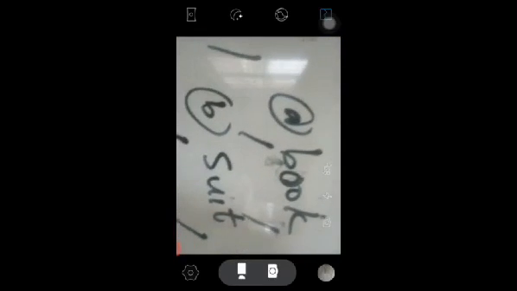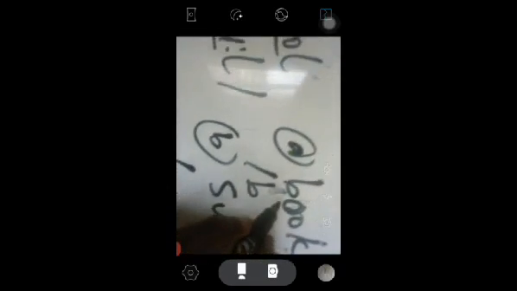For option A, we have book. The letter K oftentimes cuts the long sound into a short sound. Most words with the letters O, O, K give us the short oo sound, except very few of them, like snooker, which has a long one also.